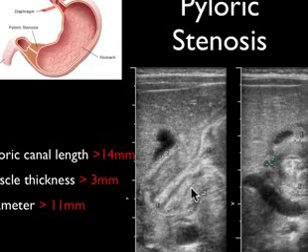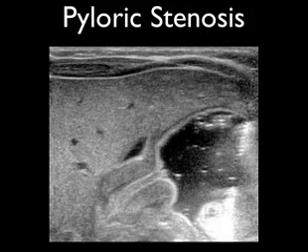If that's greater than 3 millimeters, we worry about pyloric stenosis. So those are the three things: the canal length, the diameter, and then the muscle thickness. Again, this is how it looks when it's positive.